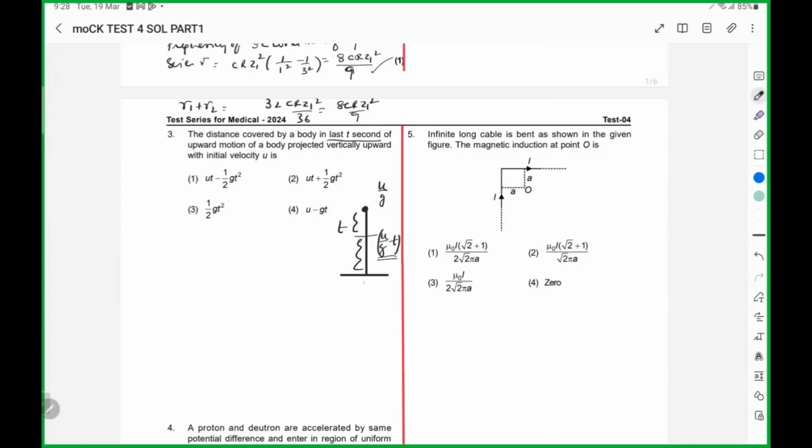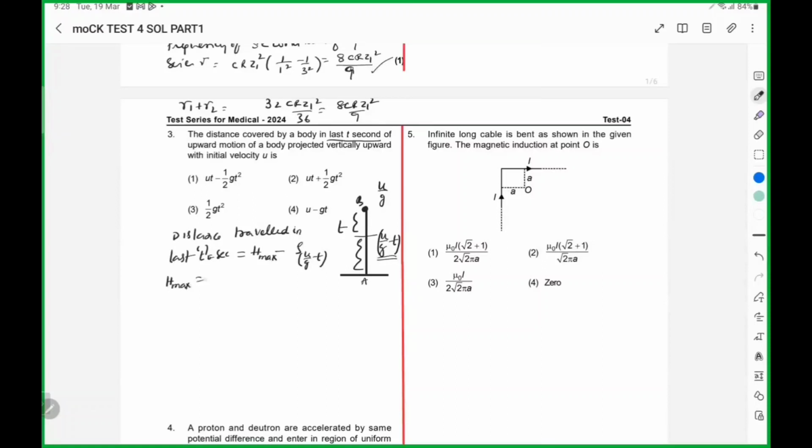So distance traveled in last t seconds is equal to distance traveled to maximum height, h maximum, minus distance traveled in u by g minus t seconds.